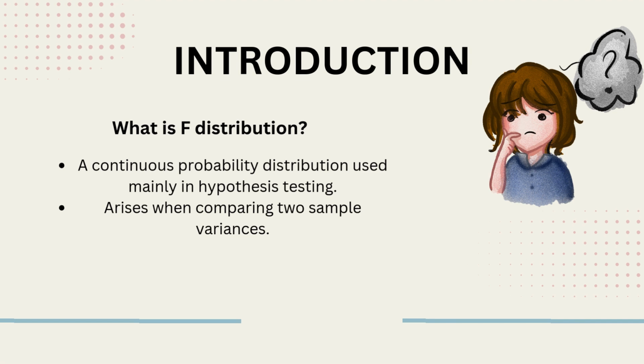Essentially, the F distribution helps us answer questions like, are the variances between different groups or samples significantly different? This is especially useful when you are working with more than two groups and want to analyze the difference in their spread or variability. Throughout this presentation, we will explore how the F distribution functions and its characteristics.